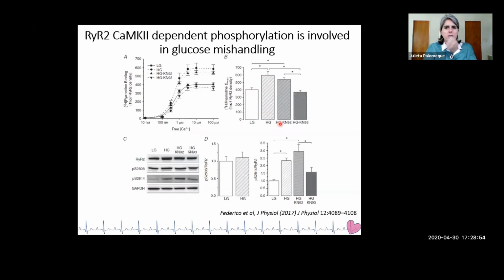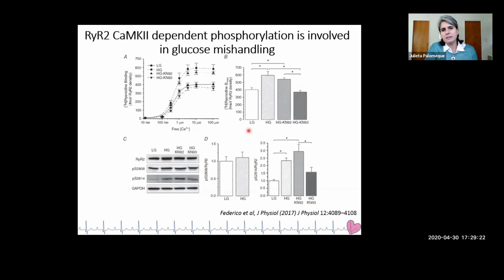Then when we use the inactive analog of the inhibitor of CaMKII, KN92, we have the same behavior as high glucose alone. But when we use high glucose and KN93, the inhibitor of CaMKII, we can lower the levels of ryanodine receptor activity to low glucose levels.